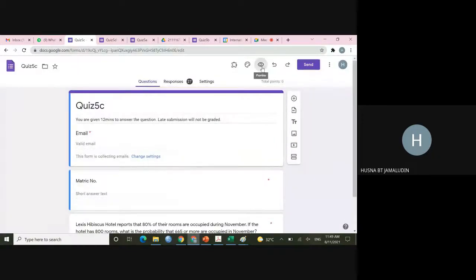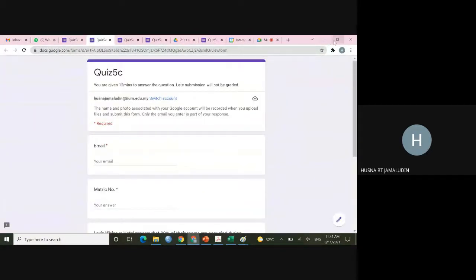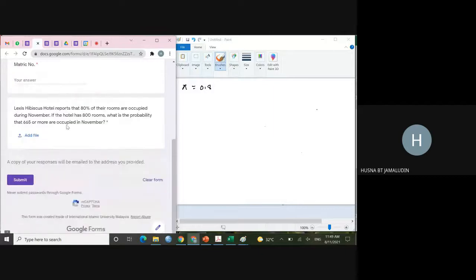Okay, let's make it preview. So, if the hotel has 800 rooms, what is this 800? N. N equals 800. So what is the probability that 665 or more are occupied in November?